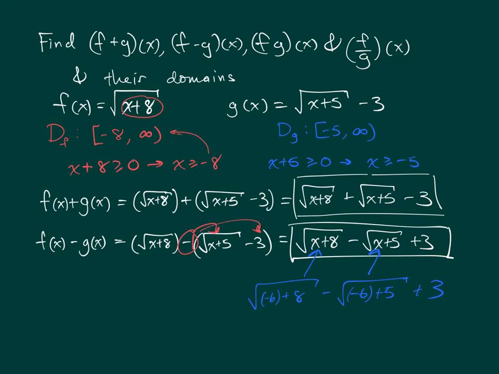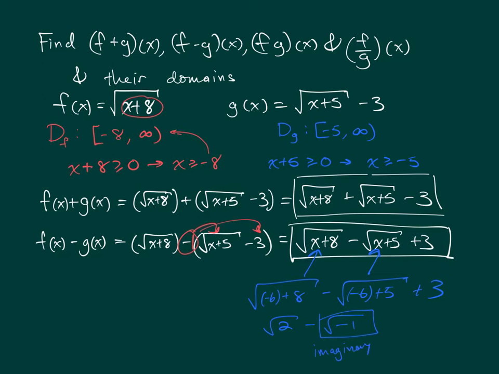Now in the first square root, everything is fine. When you combine these two numbers together, we get a square root of 2. But in the second square root, when you combine these two numbers together, you end up with a square root of -1. And the square root of negative 1 is not going to help us. We're looking for real numbers. This is imaginary.